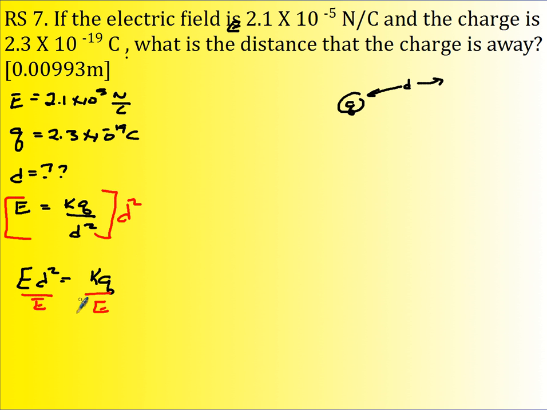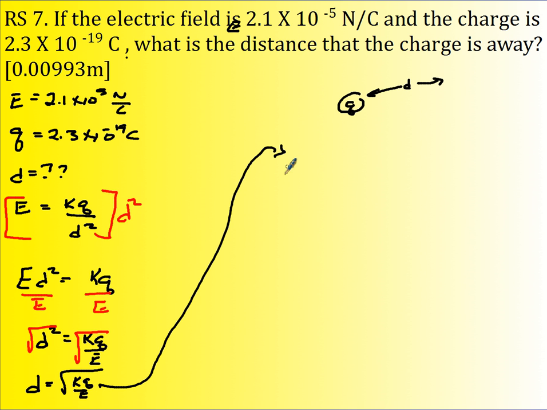So D squared is KQ over E. Now I want D completely by itself, so I'm going to square root it. So D is the square root of KQ over E.